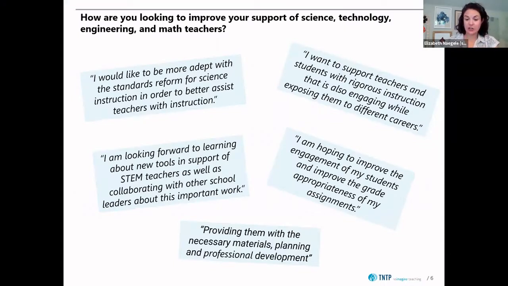I wanted to tell you a little bit more about what we're going to do today. When you registered for today's session, we asked you to fill out a survey. One of the questions was, what were you hoping to get out of our time together? These quotes on the slide are a few of the comments that we heard, and they highlight some of the common themes across the registrations.